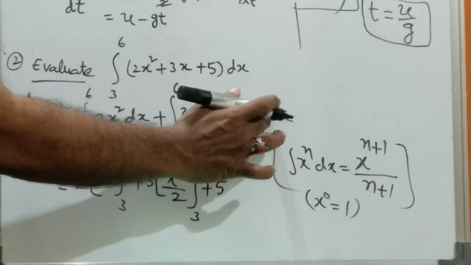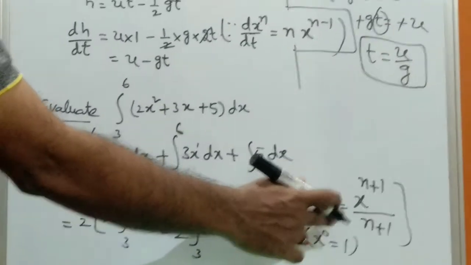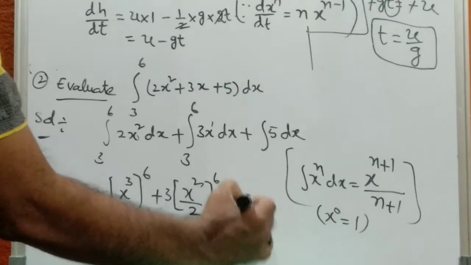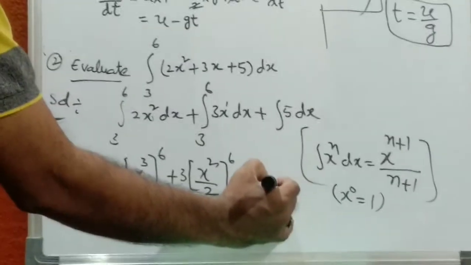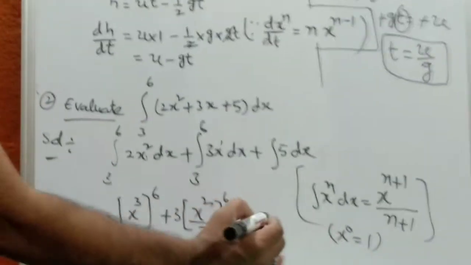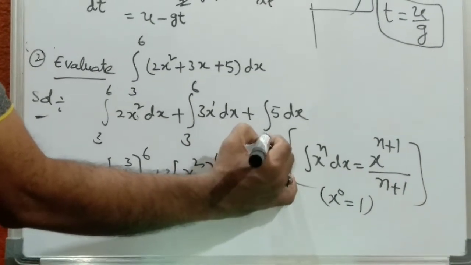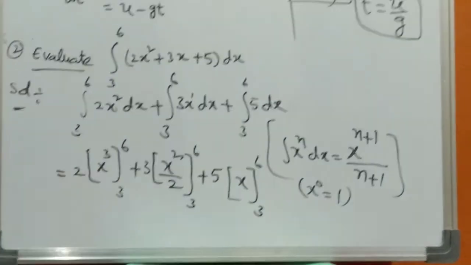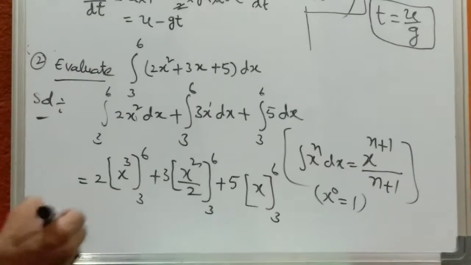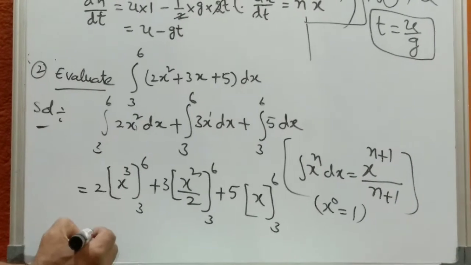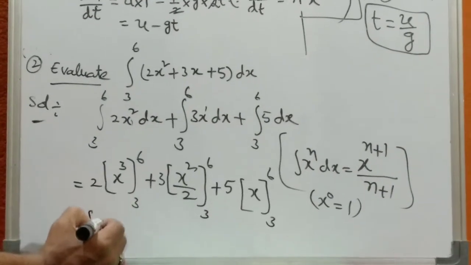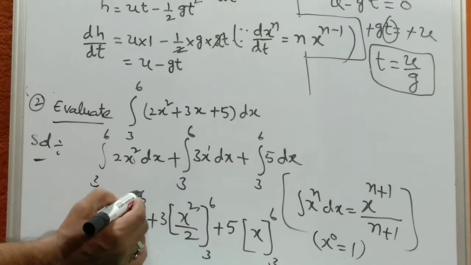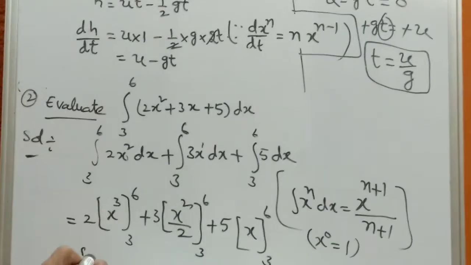So here you get x to the power 0 plus 1 by 0 plus 1, which is x to the power 1 by 1, that is x, with limits 3 to 6. Now we have to substitute these limits: upper limit minus lower limit.